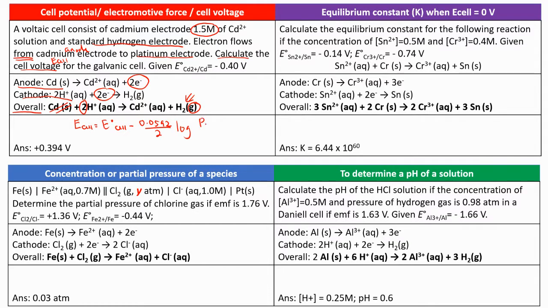Gas. Another one, aqueous. But we don't have any coefficient here. So we look at hydrogen, which is the reactant. So it's H plus. And remember the coefficient is 2. Then finally you will get the answer equals positive 0.394 volts.